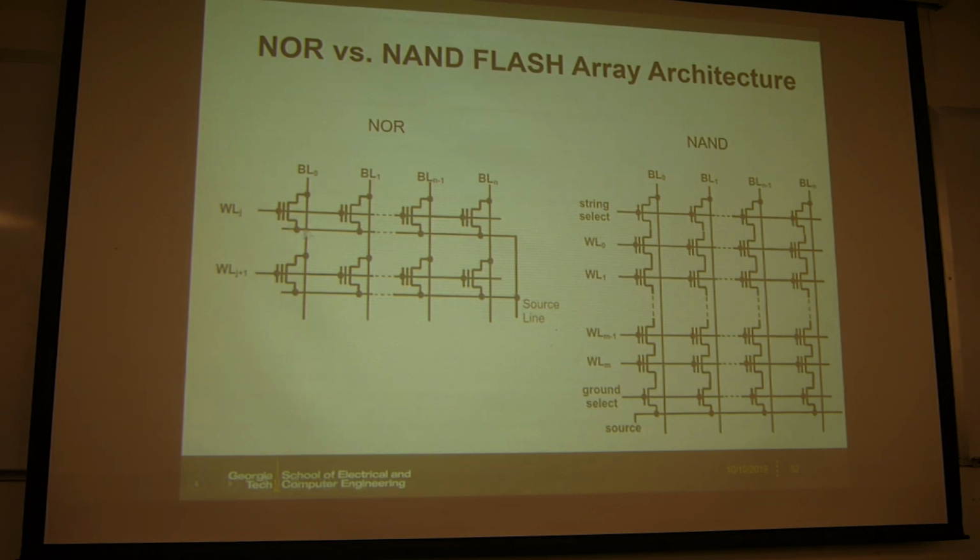So the NOR is like this. Basically NOR is something like this, which is very similar to, for example, DRAM. If you replace this floating gate transistor with one transistor, one capacitor, it's the same connection, because the gate is controlled by the word line, and the transistor's one side is to the bit line, the other side is to the so-called source line.